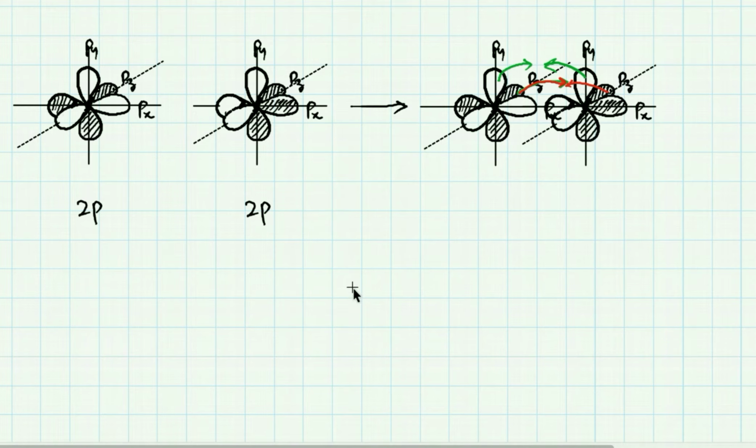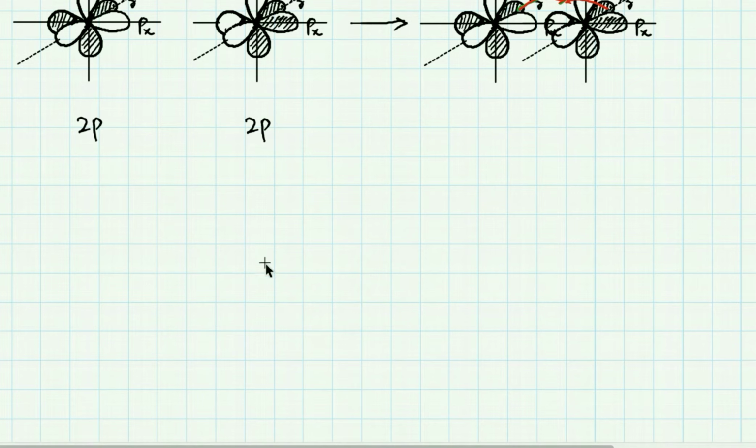So when we talk about these three p orbitals, and we want to draw them in the form of an energy level diagram, it will be something like this. Suppose this is our energy axis.